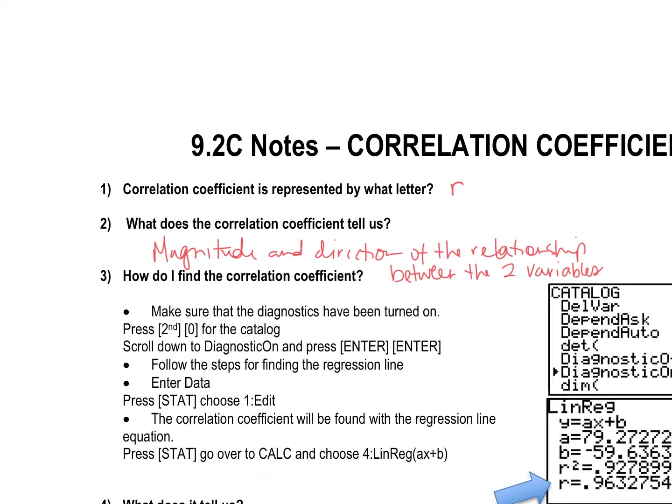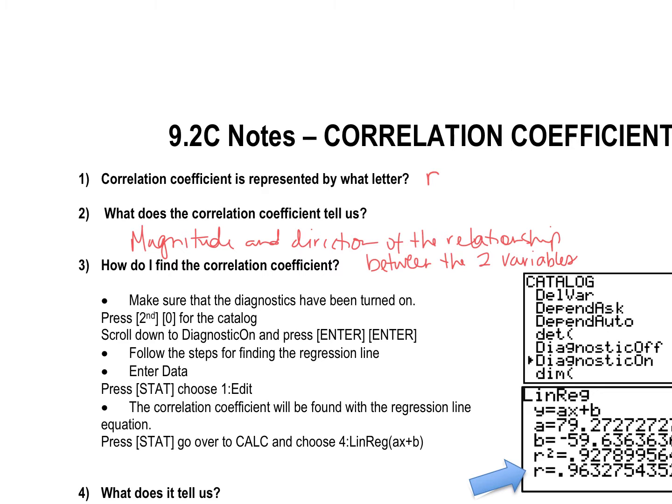We use words like a strong correlation, or moderate, or weak, or positive, or negative correlation in order to describe the relationship, the magnitude, and the direction of the relationship between our variables.